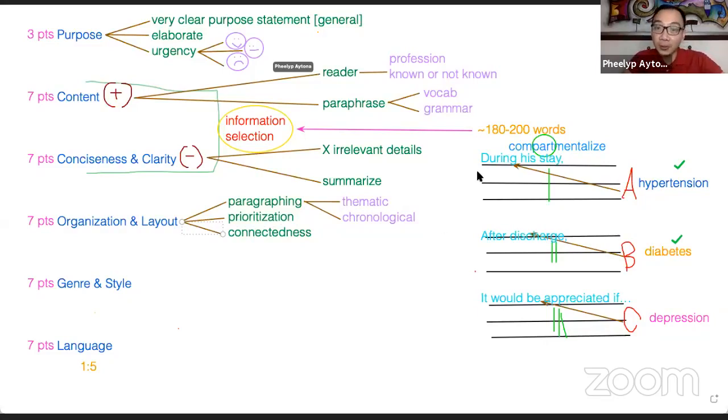There must be a flow. Essentially, from the first sentence to the last sentence, it must make sense how they are related. Let's have a quick example.